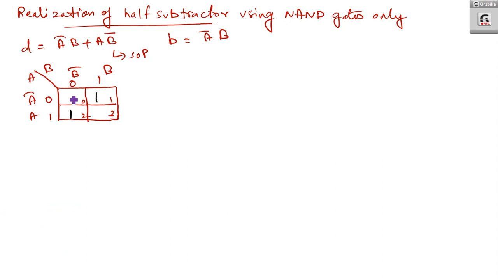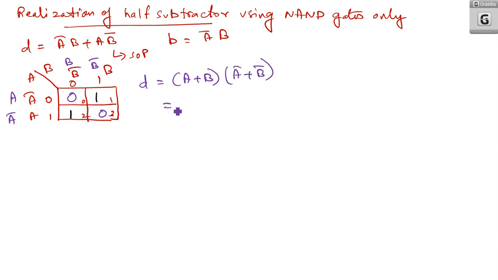Where you need to get POS form. This is 0. So to get the POS form, this is A, this is A bar, this is B, and this is B bar. Therefore, D in POS form, you can write it as A or B and A bar or B bar.